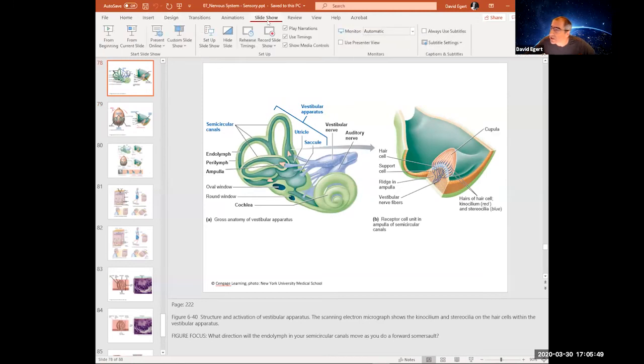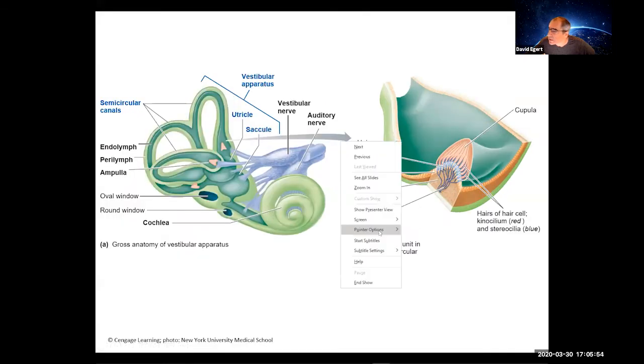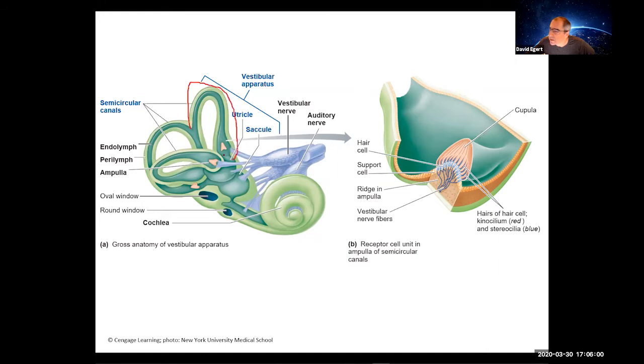Semicircular canals, there's 3 of them. Each one is like a semicircular canal with this little region here, which is where the hair cells are. This little area where the hair cells are is called the ampulla.